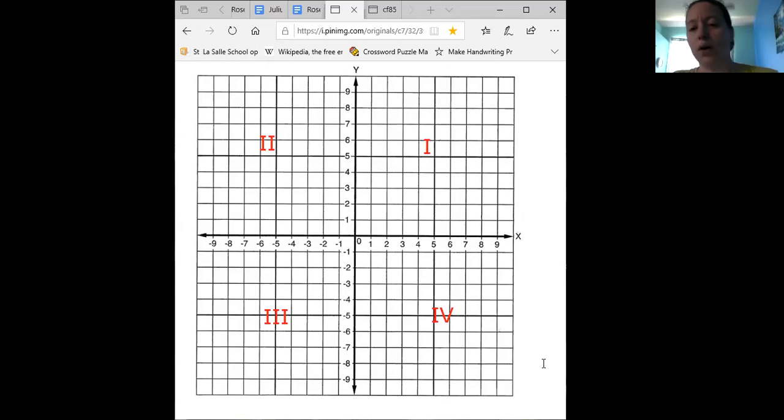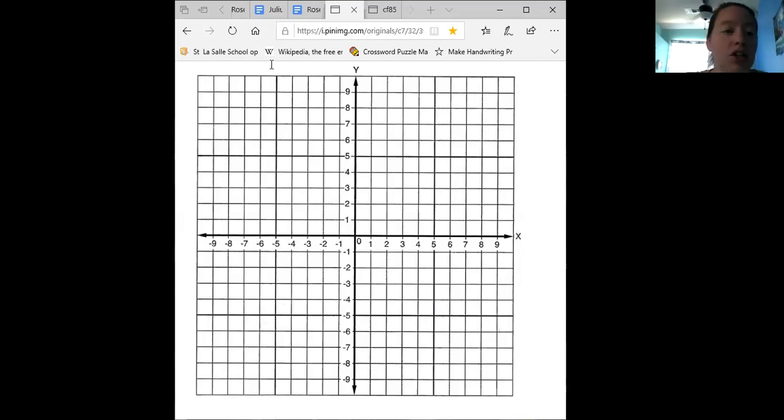So I have my 4 quadrants. Okay. Positive, positive in quadrant number 1, negative, positive in quadrant number 2, negative, negative in quadrant number 3, and positive, negative in quadrant number 4. Let me erase those, and then we can do some examples.